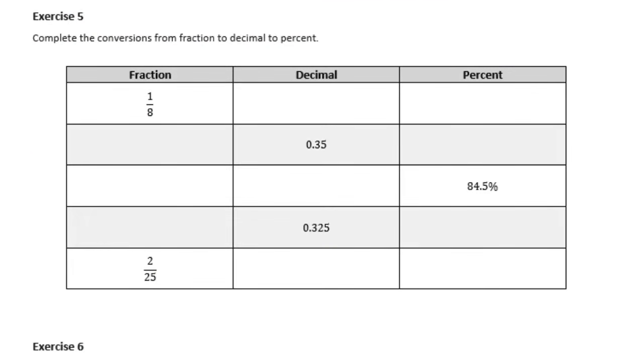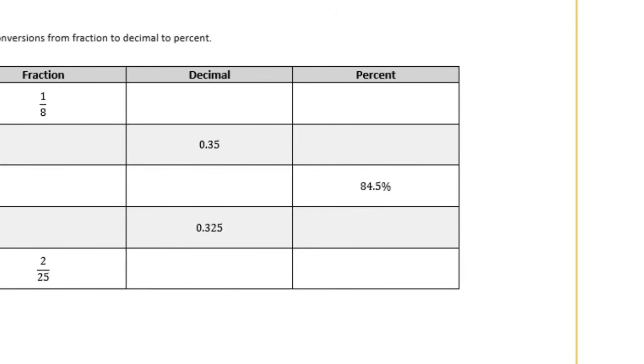Exercise 5. Complete the conversions from fraction to decimal to percent. Okay, 1/8. So let's do 1 divided by 8. I'll bring my decimal point. I'm going to add some zeros. 8 can't go into 1, but it can go into 10 one time.